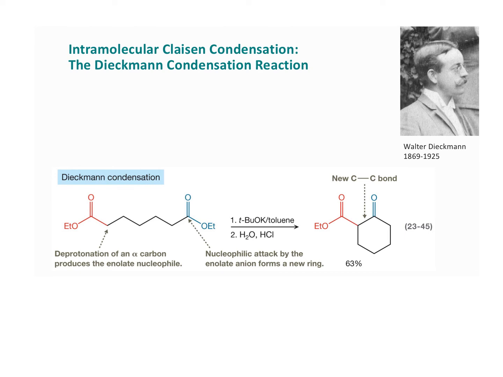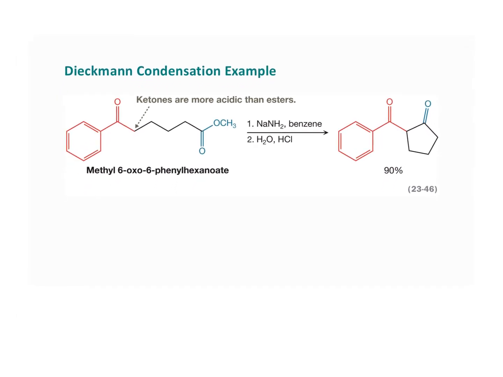As with everything, this reaction works most readily if we can get to a 5- or 6-membered ring, because that reduces the ring strain. So if we look at the Dieckmann condensation example here, what we see is that ketones are more acidic than esters.